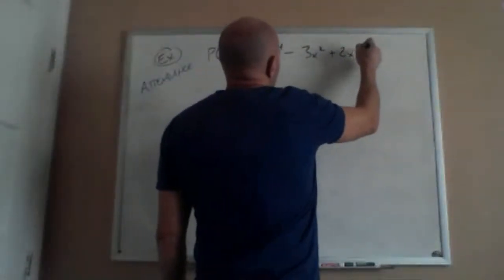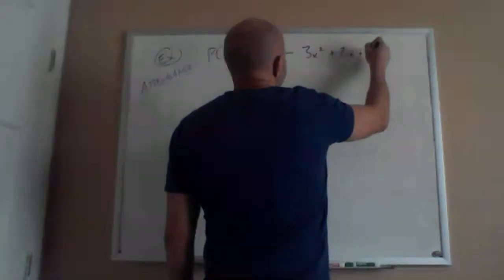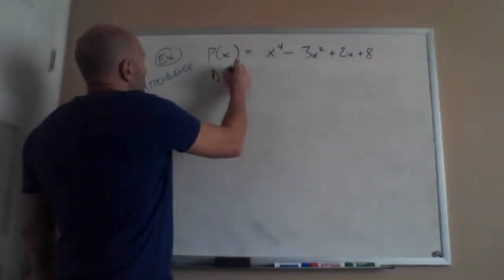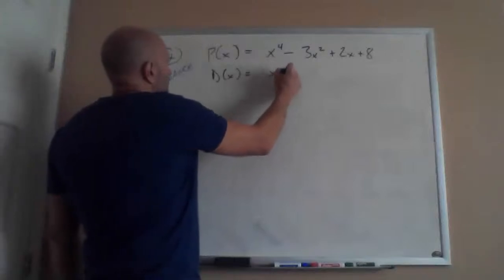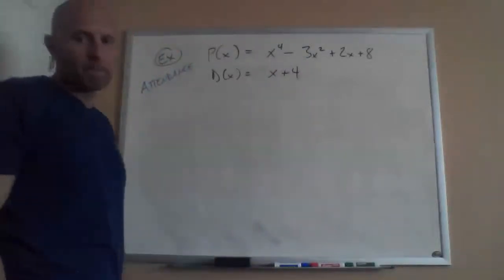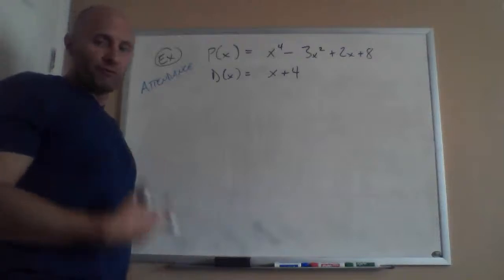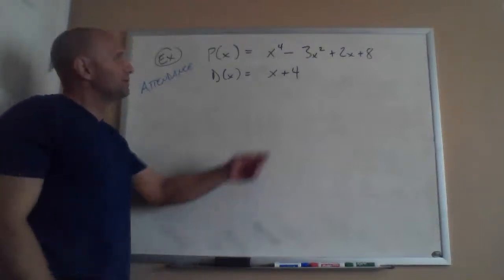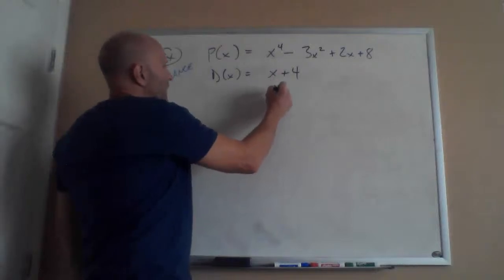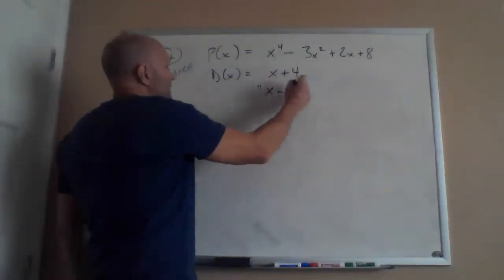plus 2x plus 8, and d of x. So as Taylor asked, we'll use x plus 4. So first of all, can we do synthetic division? Yes, we can, because this is of the form x minus c.